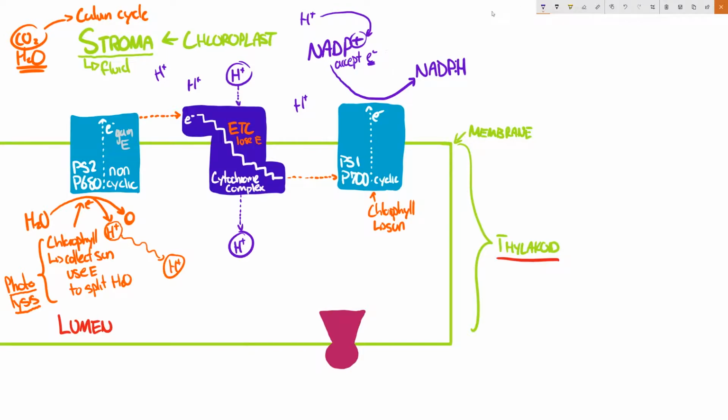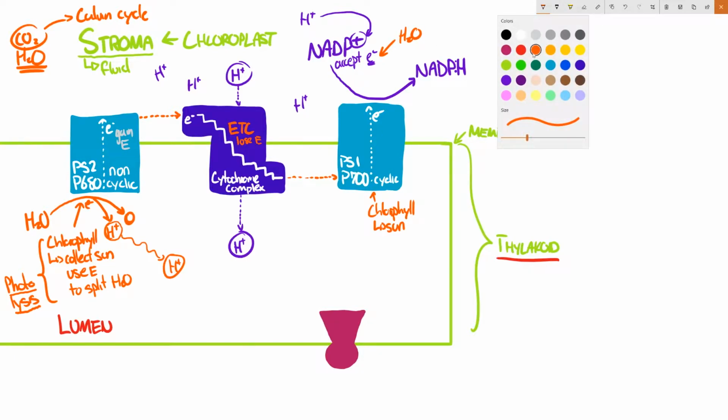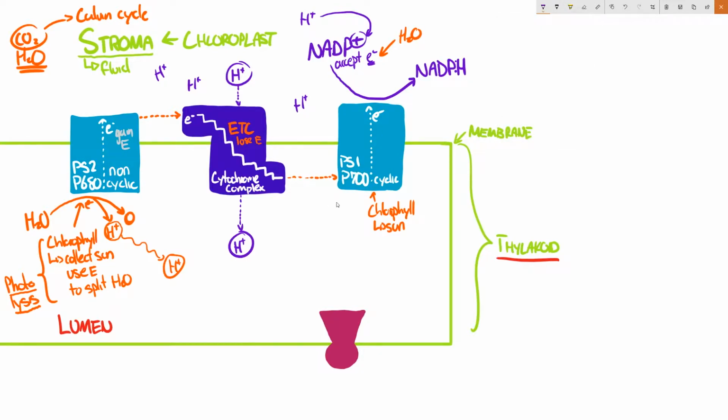And so you might say that at the end of the day, these electrons ultimately came from water. You will note, however, there is no photolysis here. That is only in photosystem 2, not photosystem 1.